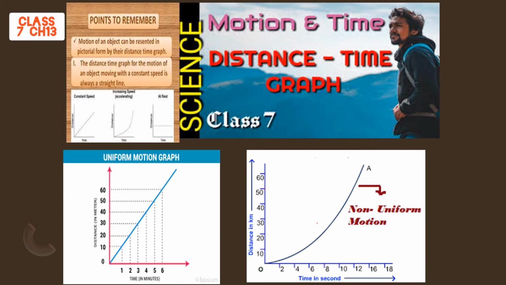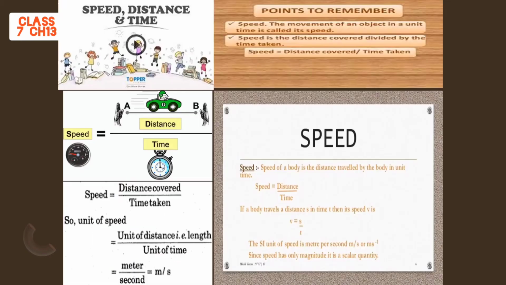So this straight line indicates that the object is moving with a uniform motion. And same thing when we are plotting a graph between distance and time in case of a non-uniform motion, instead of getting a straight line, we get a curved line. This curved line indicates that the object is moving with a non-uniform motion.